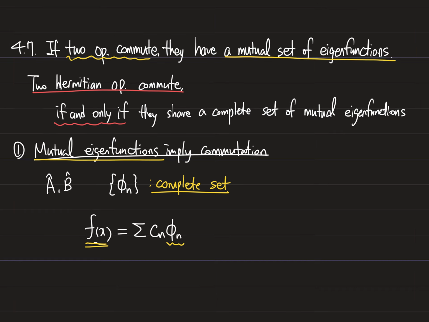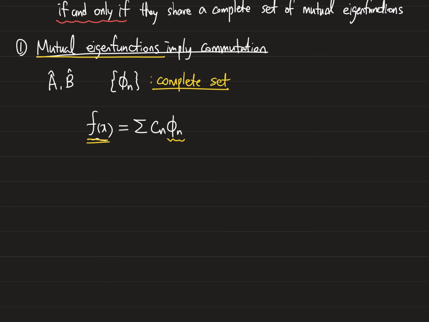Let's get back to our proof. This complete set is the eigenfunction of operators A and B. That means something like this, and the second eigenvalue equation. Operators A and B share the same mutual eigenfunction Pn, but they might have different eigenvalues.